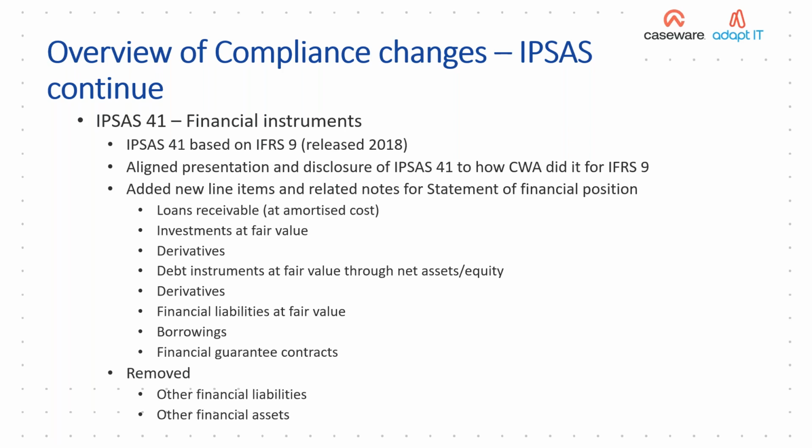You need to use the right terminology, not fair value through comprehensive income, but through net assets and equity. You need to cater for concessionary loans, and you need to use the right terminology for your economic entity and your controlling entity, and you need to use all the relevant nuances that are applicable in IPSAS.